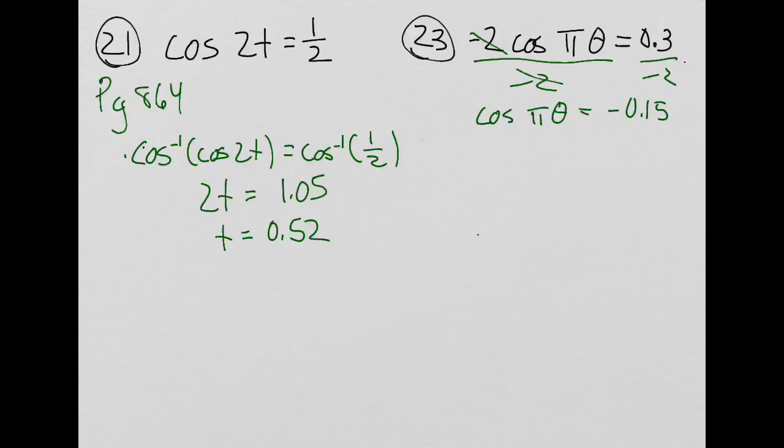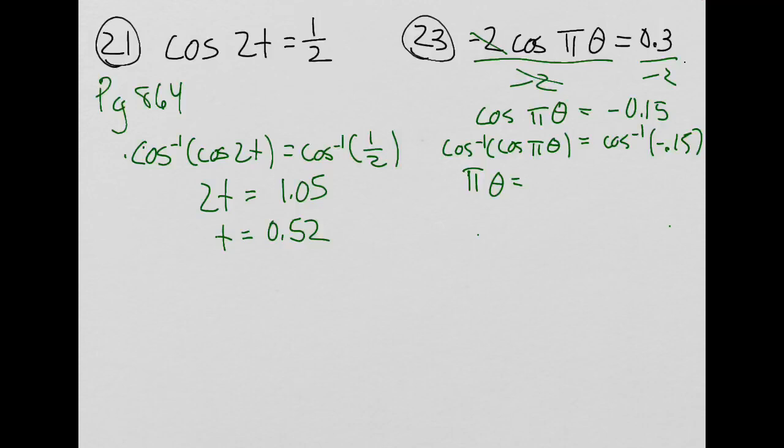Now that you've isolated the cosine, I'm going to take the inverse cosine of the left and the inverse cosine on the right. On the left, inverse cosine and cosine cancel, so I just have pi theta left. Again, inverse cosine of negative 0.15.